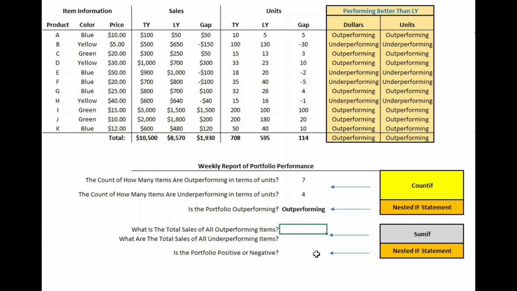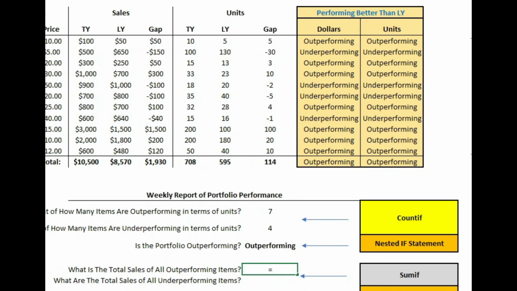So to do that, we have to do equals, and now we're going to put SUMIF, parentheses. Here's our range again, and that's our first element of the function. So we're going to go up here to our dollars, and we're going to highlight our range, L5 to L15, and we're going to push F4 to lock down that reference.